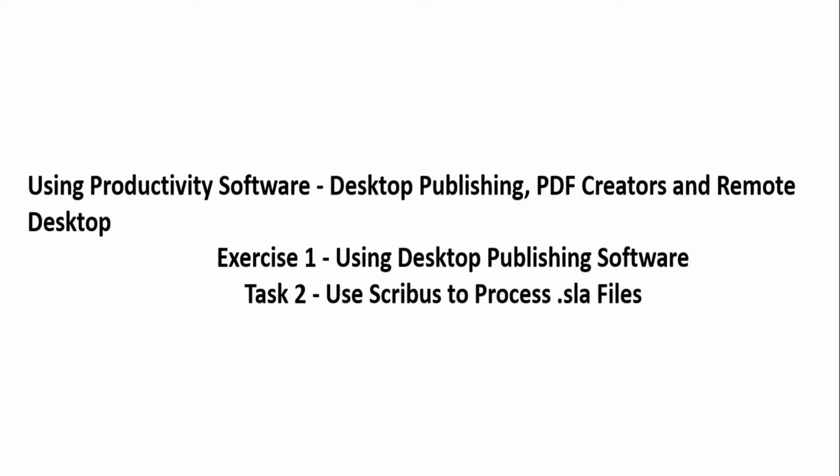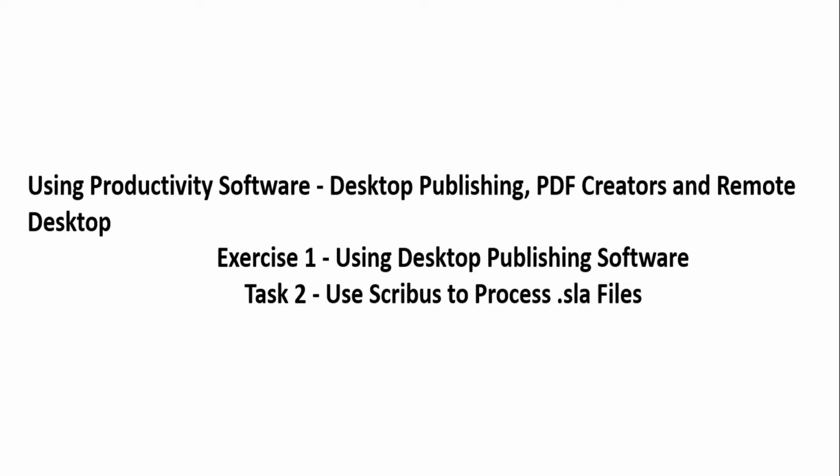Task 2. Use Scribus to process .sla files. Files created using Scribus are identified by the .sla extension. SLA files can import text and sometimes the styles from various formats, including the Open Document text document, that is the OpenOffice Writer, also Microsoft Word, the Palm OS, and HTML.